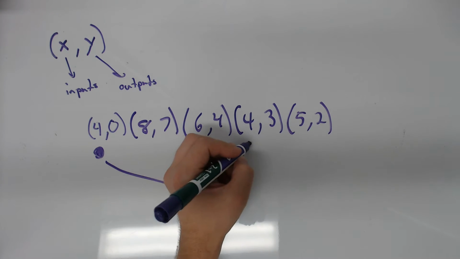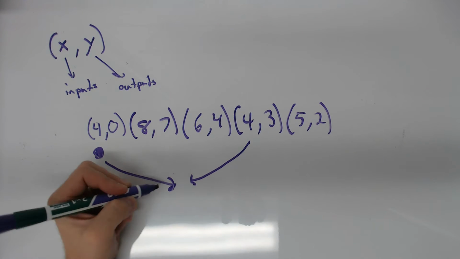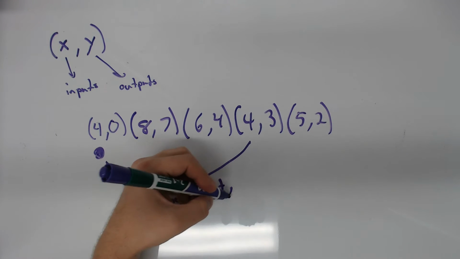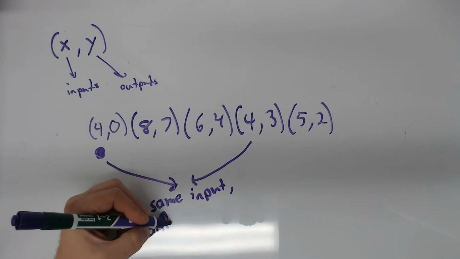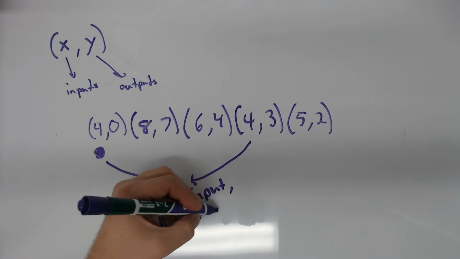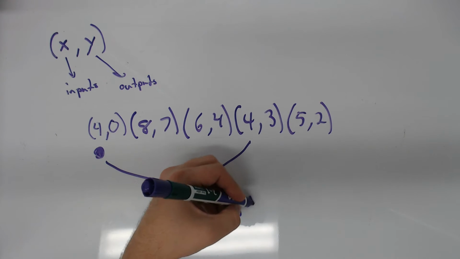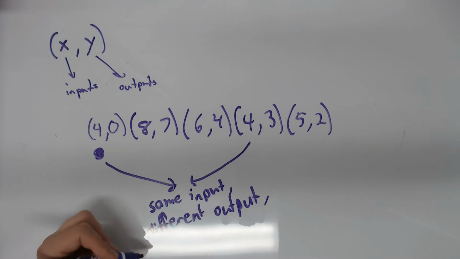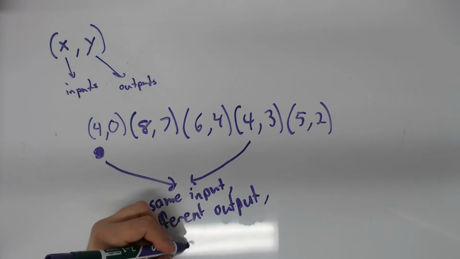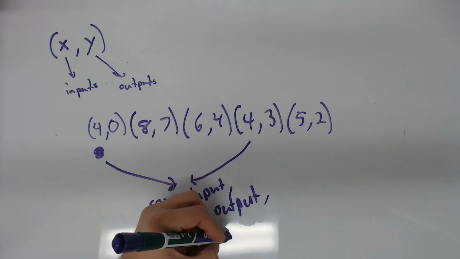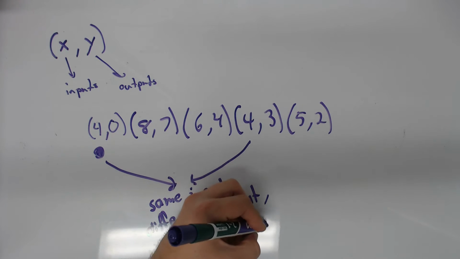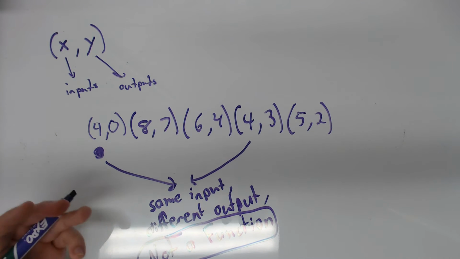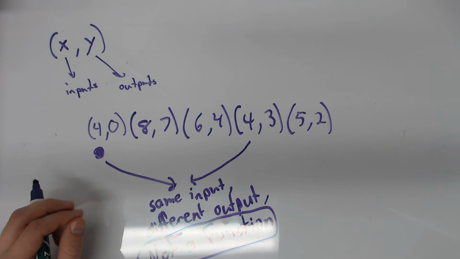So our reasoning here is same input, different output. They were both 4's, but they had different y values. So it is not a function. That's kind of how we play this is it a function game.